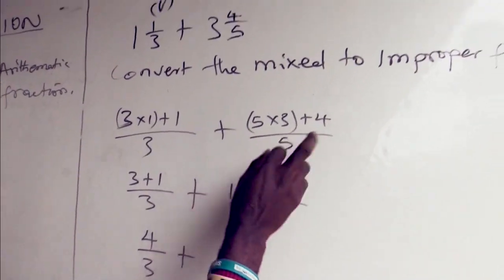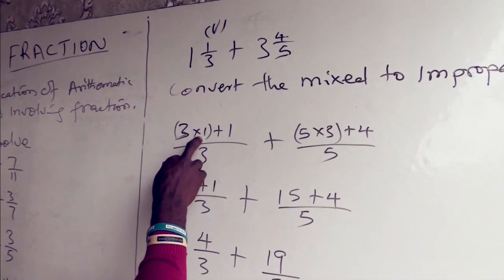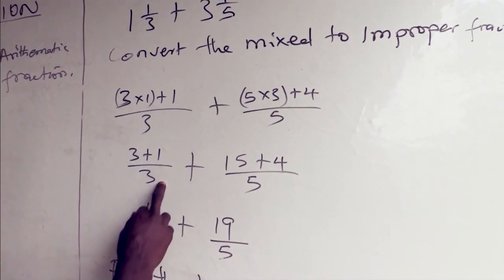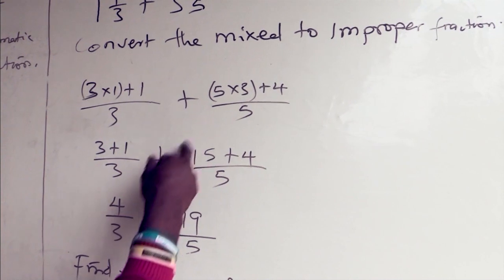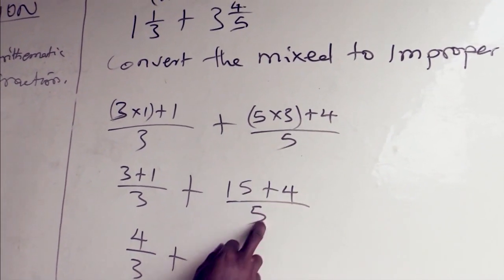So all over the denominator, which is 5. When you solve that out, you have 3 times 1 will give you 3, plus 1 all over 3. Now this is your plus here. 5 times 3 will give you 15, plus your 4 all over 5.